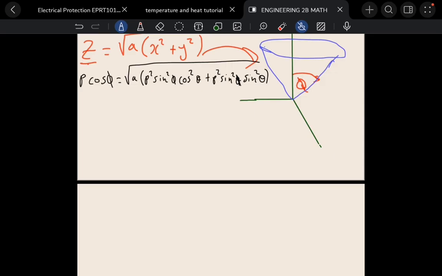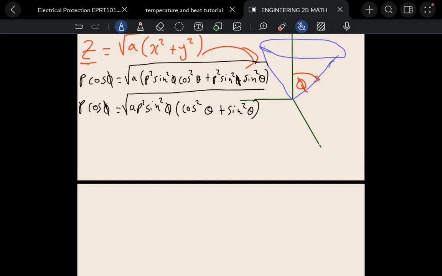Now, if you take out the highest common factor of rho squared sine squared phi, I'm going to be left with something like this. Cos phi is equal to the square root of a rho squared sine squared phi, which equals cos squared theta plus sine squared theta, which is actually 1. You know that this one is actually going to be 1.